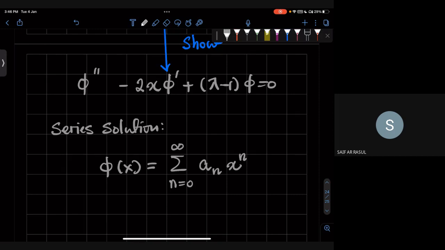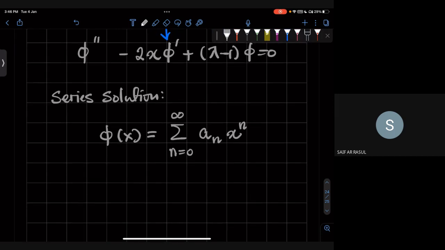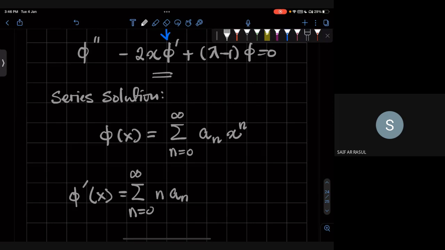So, okay. Now, given this, this is something you probably learned in a differential equations class, but it's actually worth doing. I love solving differential equations in the boring way. So phi prime of x, which will give us this term, is going to be the sum from n equals 0 to infinity of n a_n x to the power n minus 1.